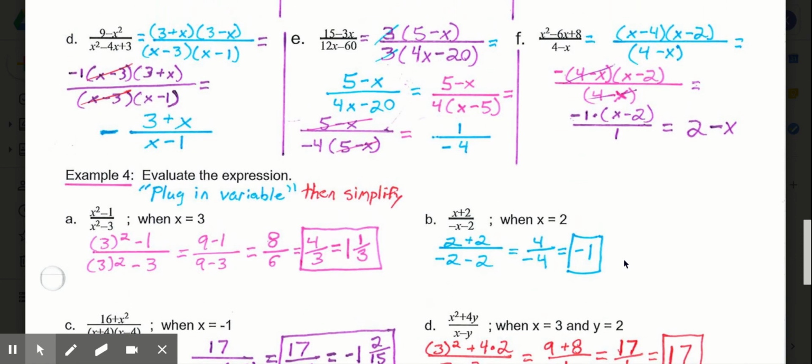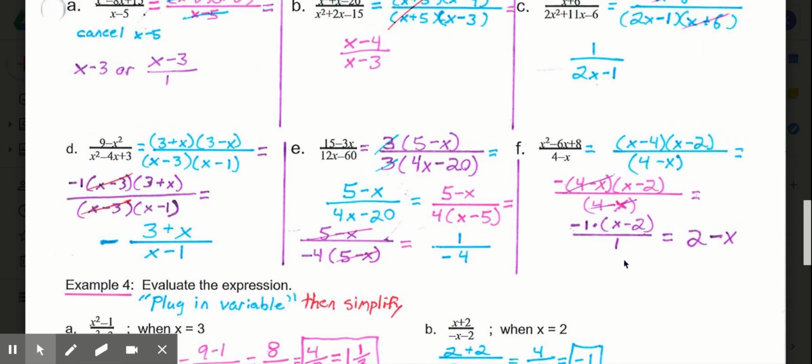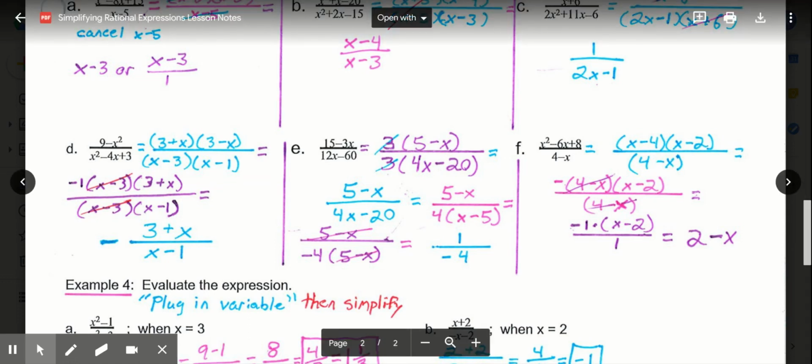And the last problem that we're going to look at is F here, x squared minus 6x plus 8 over 4 minus x. So on top, x squared minus 6x plus 8 factors to x minus 4, x minus 2. On bottom, we have 4 minus x.